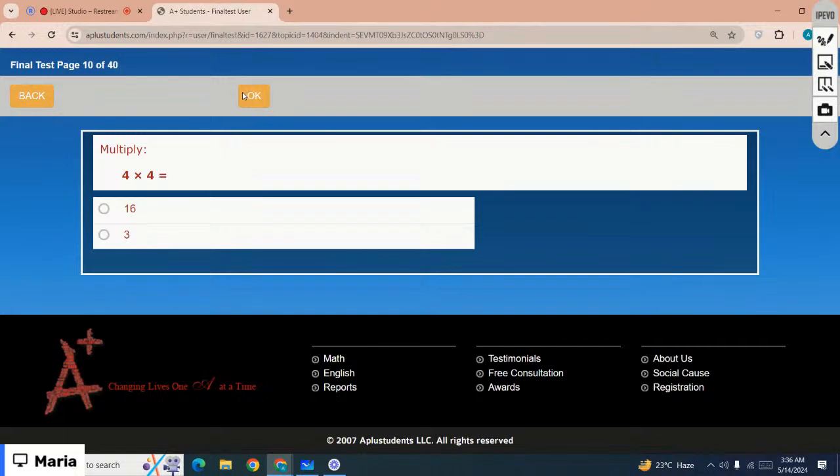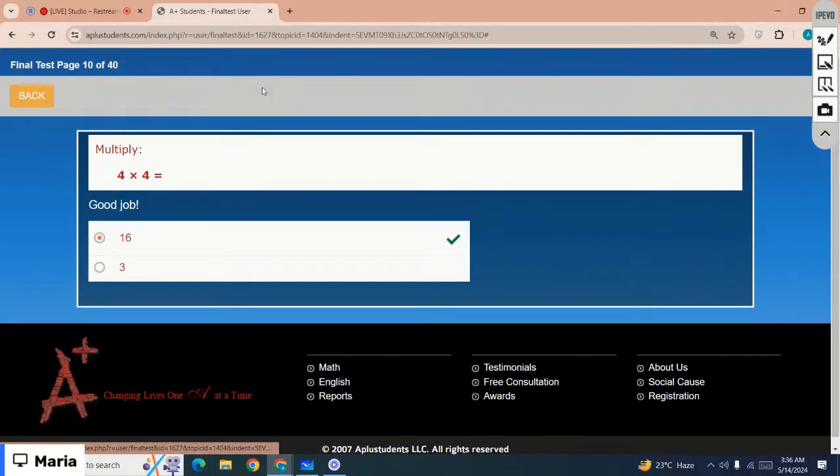The next one is 4 times 4. 4 times 4 equals 16. Option 1 is the correct option.